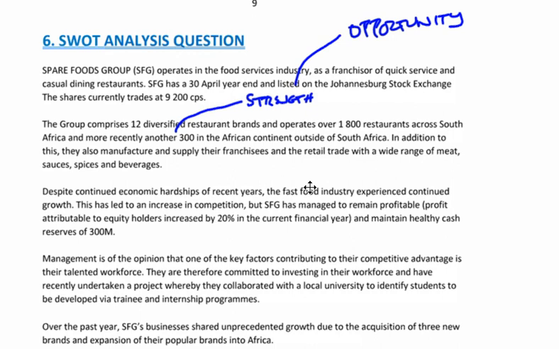Now, is that a strength? Is that a weakness? Is that an opportunity? Or is that a threat? So the first thing we're going to do is say, listen, that's not a good thing. So it's either going to be a weakness or a threat. Now, is that political instability and country risk in those countries part of your internal environment or part of the external environment? It's part of the external environment and will be treated as a threat.